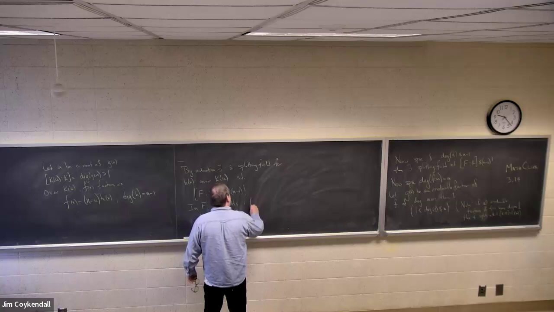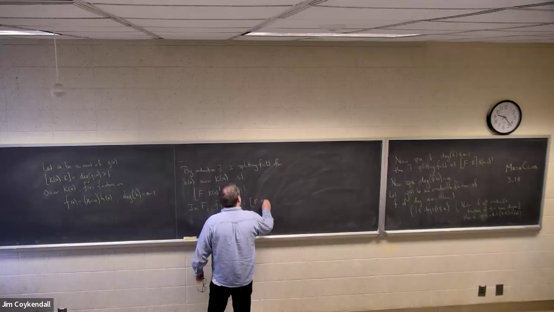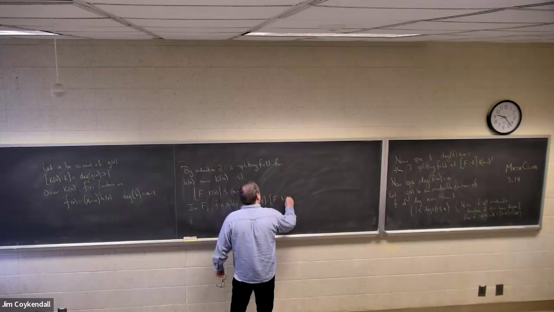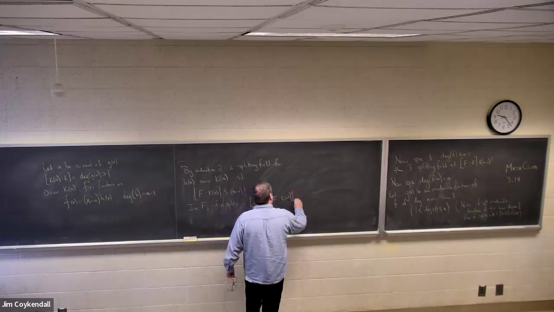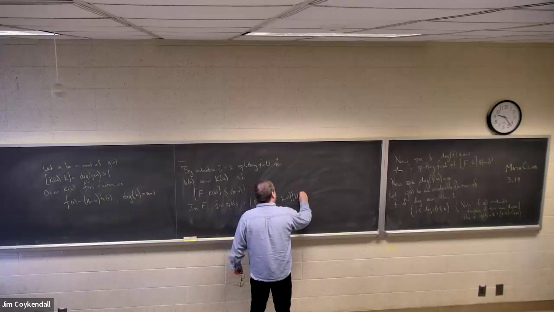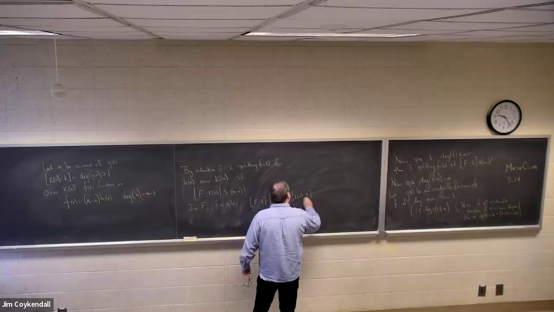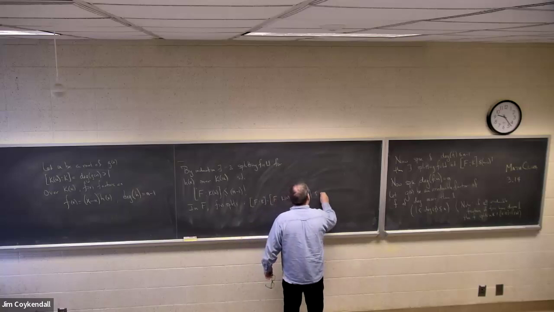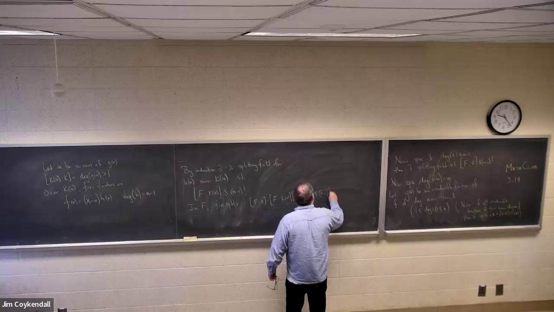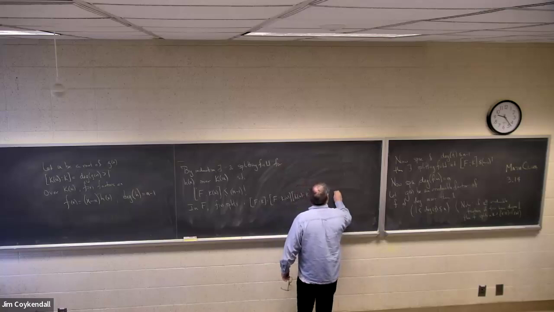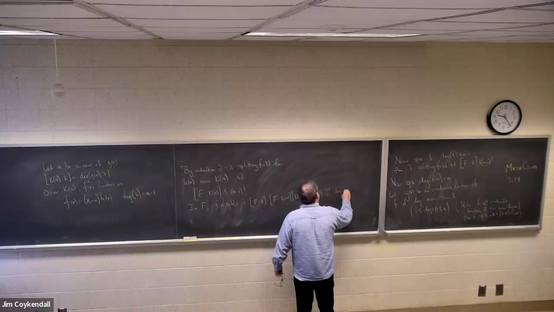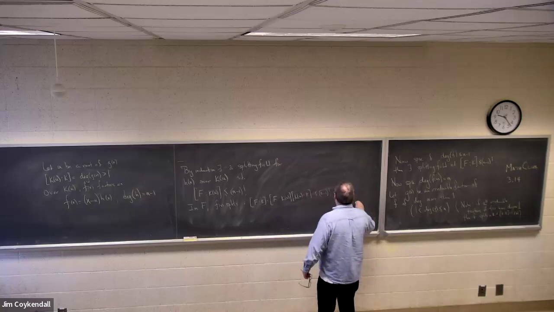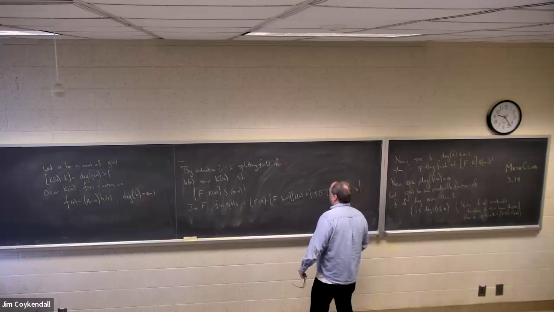And the degree of F over K is the degree of F over K(u) times the degree of K(u) over K, which is less than or equal to n minus one factorial times the degree of G, which is at most n.